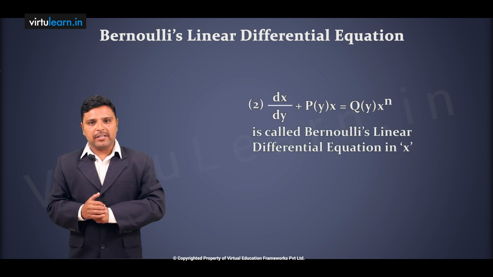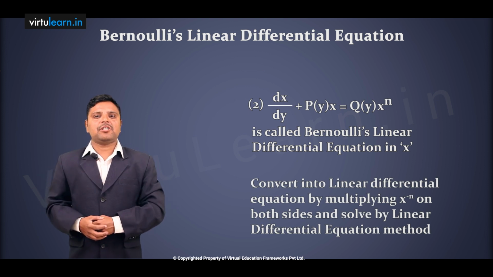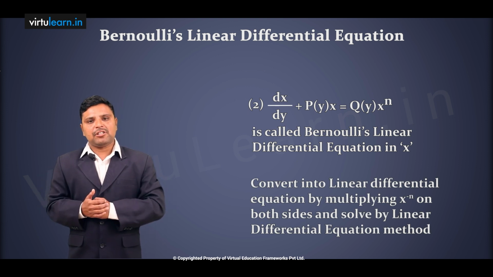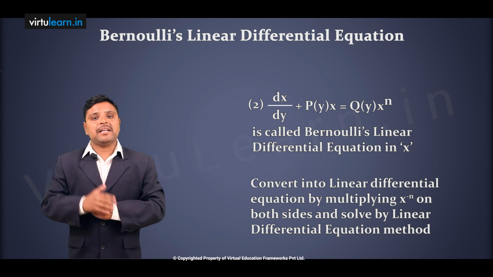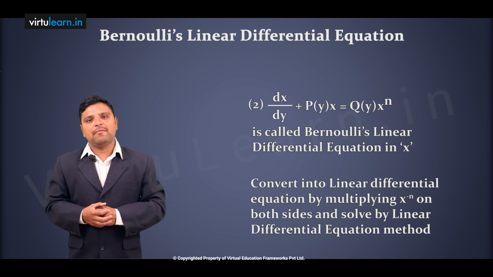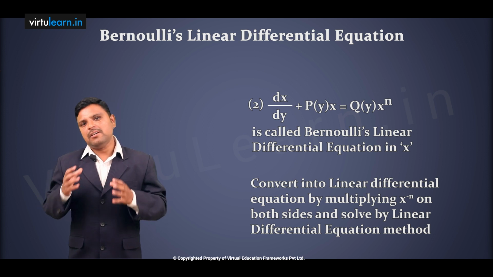This is Bernoulli's linear differential equation. Convert it into linear differential equation by multiplying with x power minus n on both sides. Then automatically it becomes the form of linear differential equation, and we solve it by the general method.